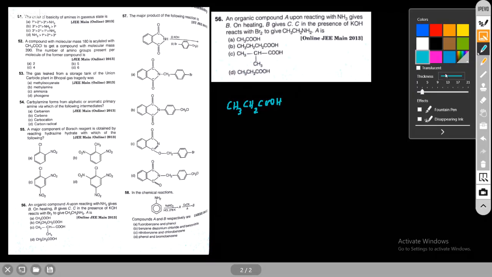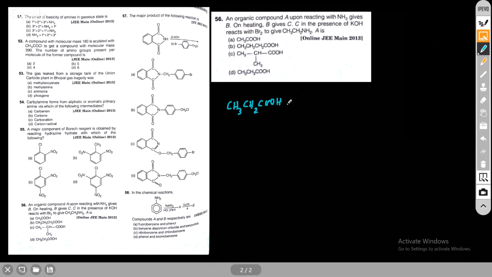56, most of you are getting D, which is correct, because we have to form CH3 CH2 NH2. How do we get this CH3 CH2 NH2? If I take this option D, we have CH3 CH2 COOH, which reacts with NH3, and we heat this also.